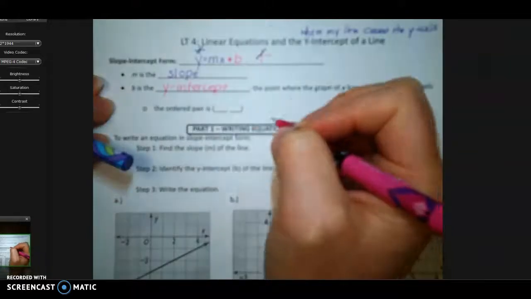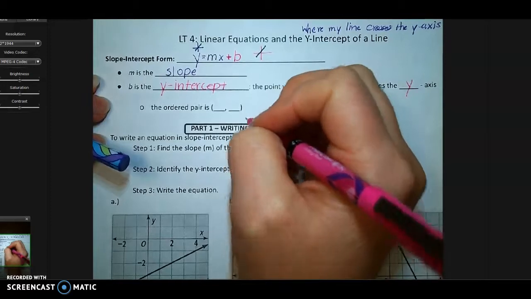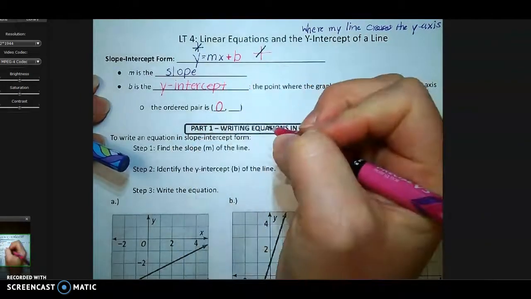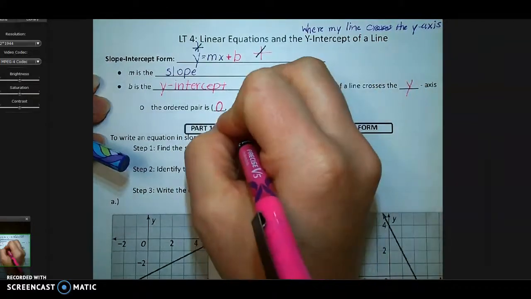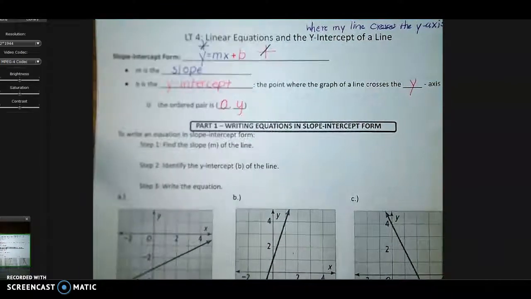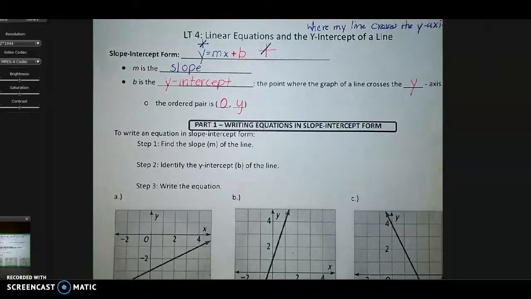In the ordered pair, when the point's right on the y-axis, that means that the x has to be 0, and then the y will not be 0. So before, going through the origin, it would have been (0, 0). If we're going through the y-axis somewhere other than the origin, then we'll have the point (0, y).